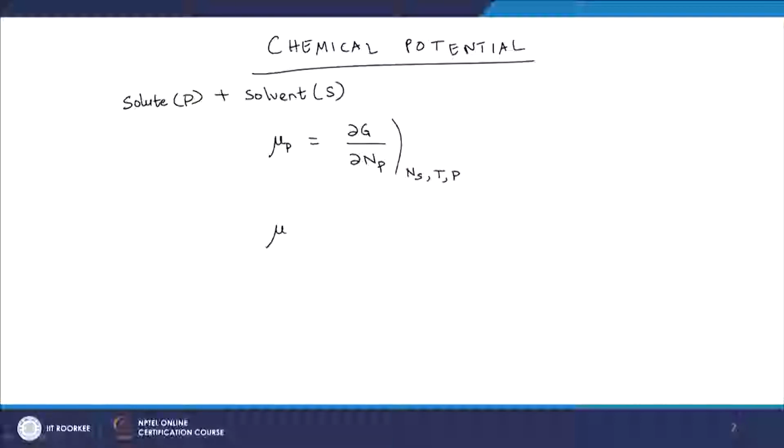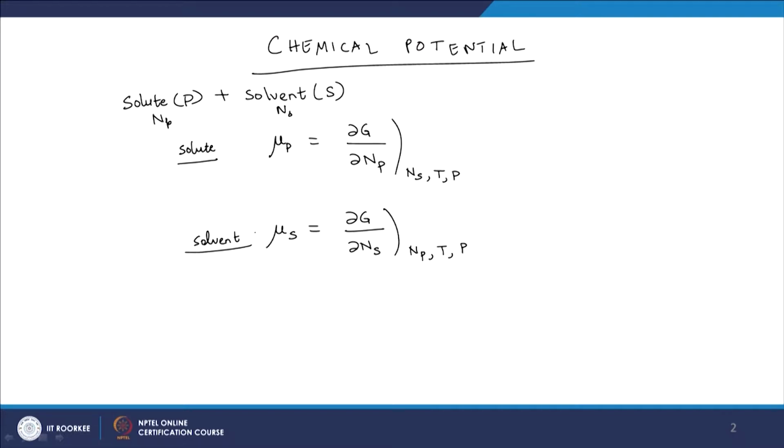Similarly, I can define the chemical potential of the solvent, which is simply the derivative of Gibbs energy with respect to the number of solvent molecules, that is Ns, while keeping the number of solute molecules, the temperature and the pressure fixed. So solute is Np, solvent is Ns, and this is for solute and this is for solvent.